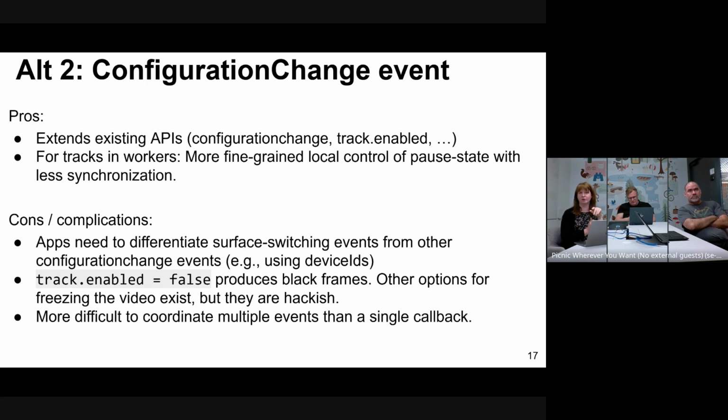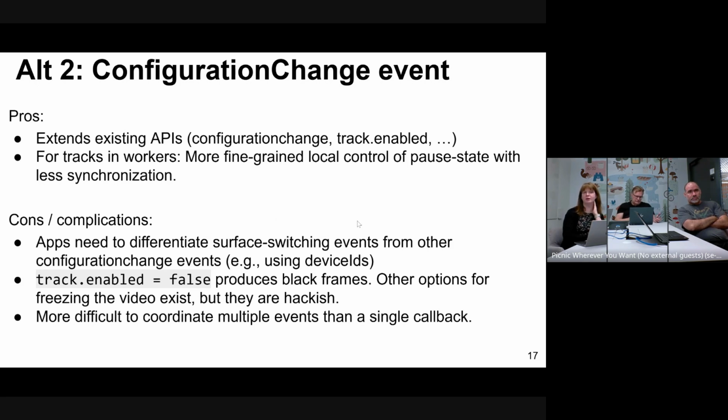If a track is in a worker, we can pause locally there as long as we need, rather than synchronizing back to the main thread where the capture controller is. If tracks are only in the main thread, I don't think there is a difference between these methods, other than how it's structured in the application.